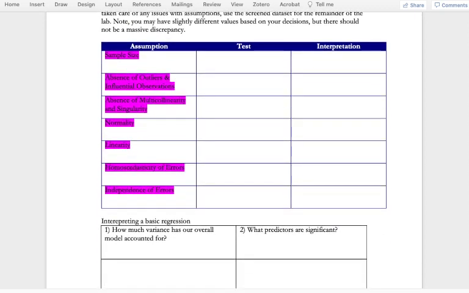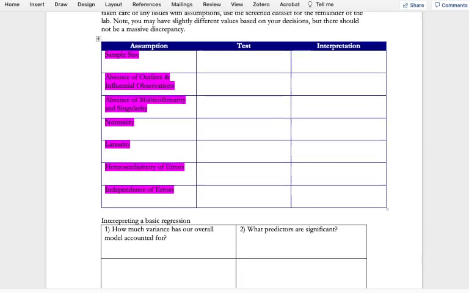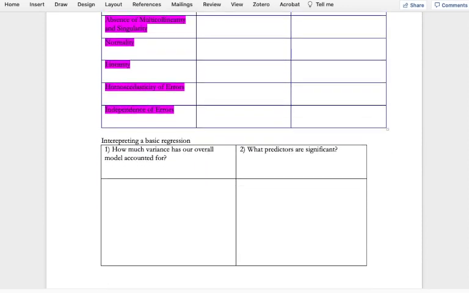Okay. So, once you've done that, let's interpret.